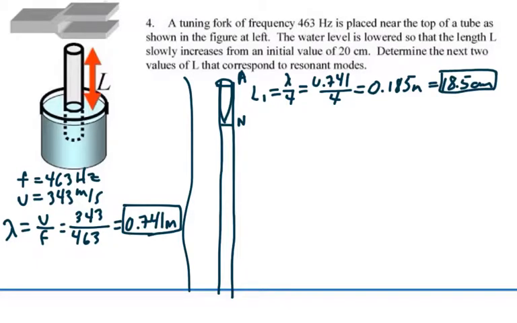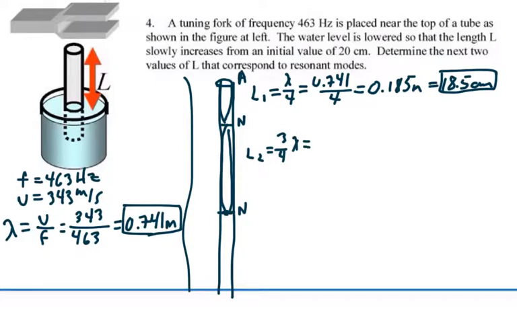Of course, we're already beyond that when we start, because we're starting at 20 centimeters down. So we missed that point with our water level. So the next point would be a half wavelength further, where we have another node, and this length would be 3/4 wavelengths.